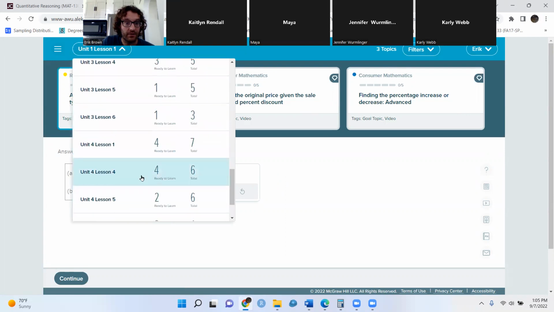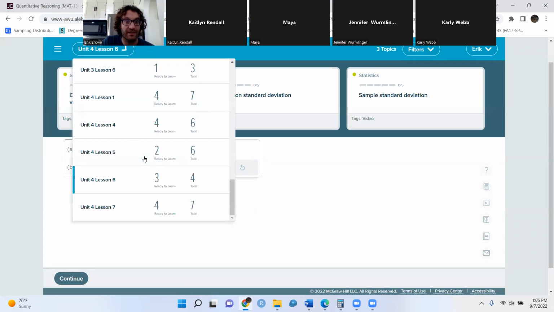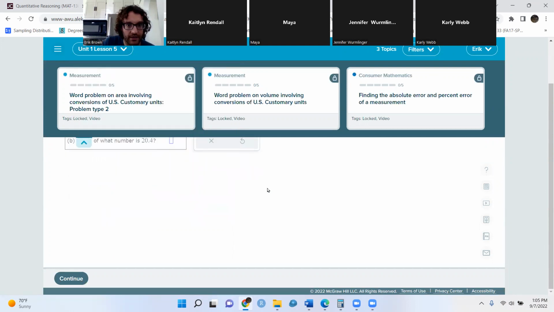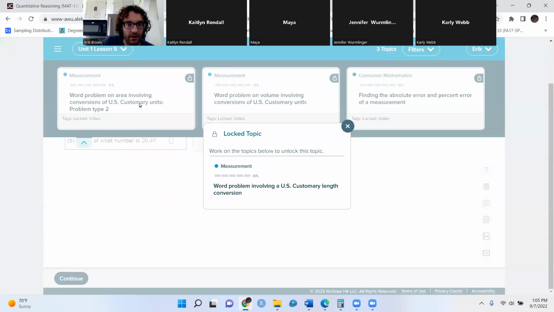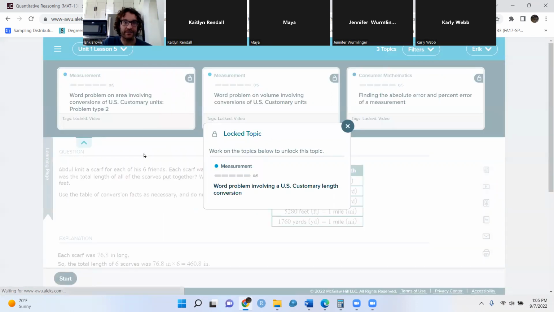Can you jump around? One of the things is that it won't let you do topics in later units unless you've completed the prerequisite knowledge. So for example, if I look at this, this is locked: word problem involving a US customary length conversion, because I need to learn something else before I can get to this.